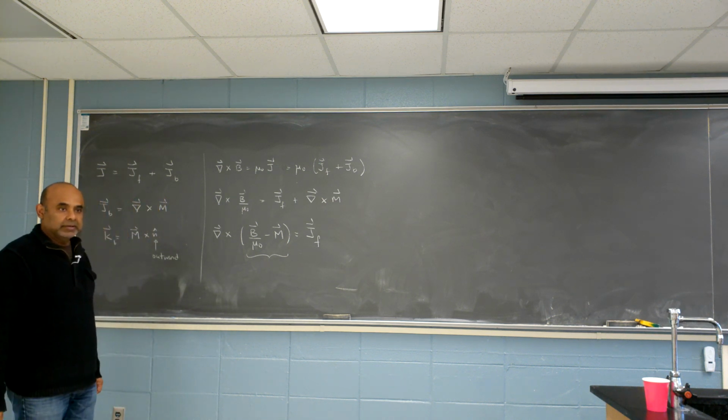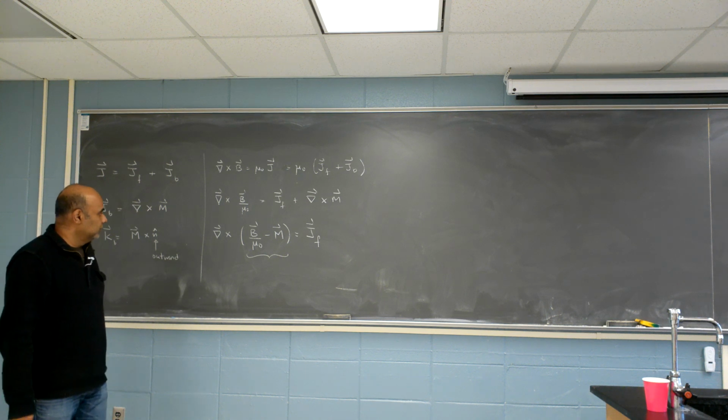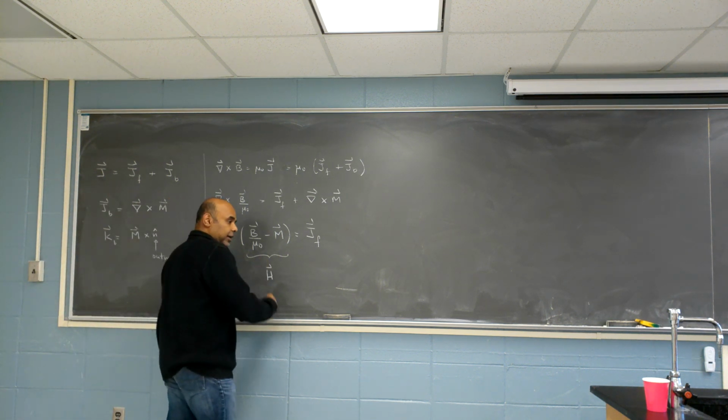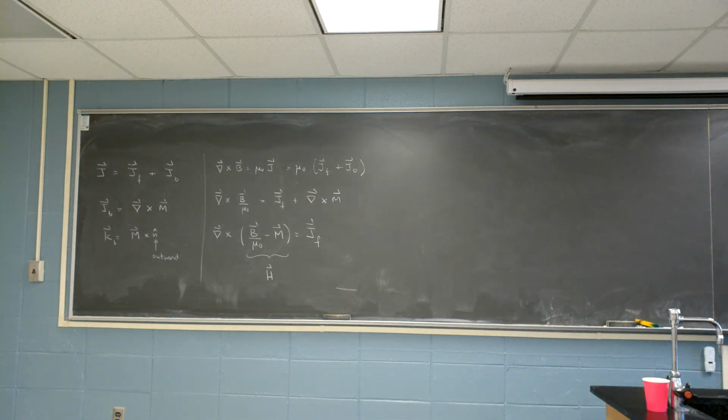So it makes sense to call this by something. Just like we had the displacement vector, the symbol we use is H, and I cannot remember what it's called. I don't recall ever committing that to memory. Let's see, what did he call it? The quantity in parentheses is designated by the letter H. H plays a role.